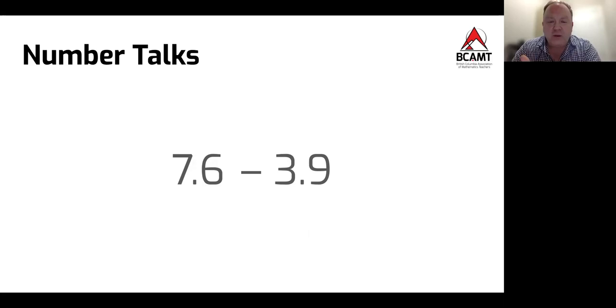I could look at something like this and think of the compensating strategy where I take 4 away, then I give back 1/10. Or I might use a counting up strategy, counting up to 4 with 1/10, and then up to 7 with 3 wholes, and then another 6/10, and putting those parts together. There are a lot of rich strategies in thinking, and they're all exactly the same as would happen with whole numbers. But now we just have to extend our thinking, and we're not counting ones anymore. We're counting tenths.